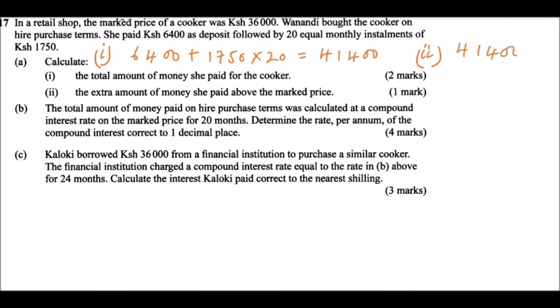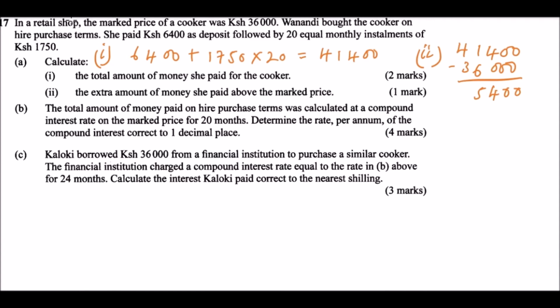So you can minus 36,000. So you'll be able to get 0, 0, 0, and this is 4, not 5. So this is 4, and this is 5. She paid 5,400 extra.